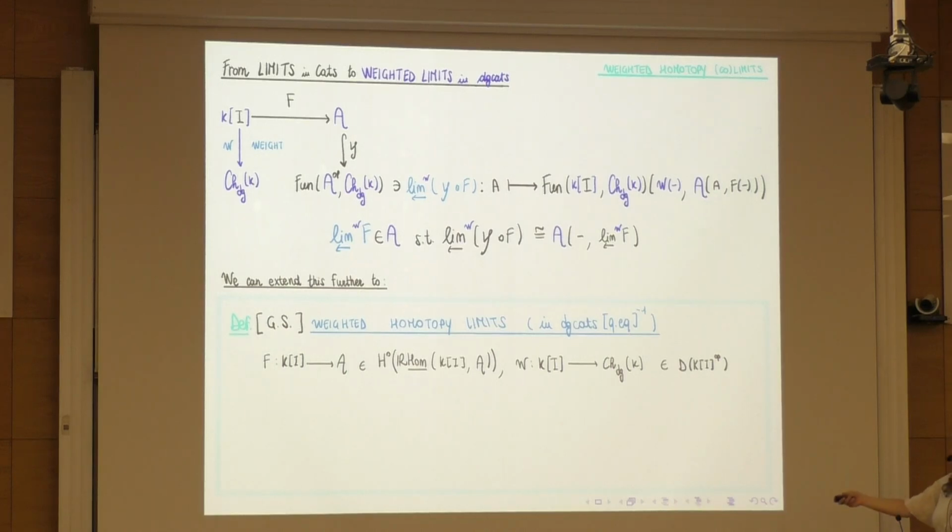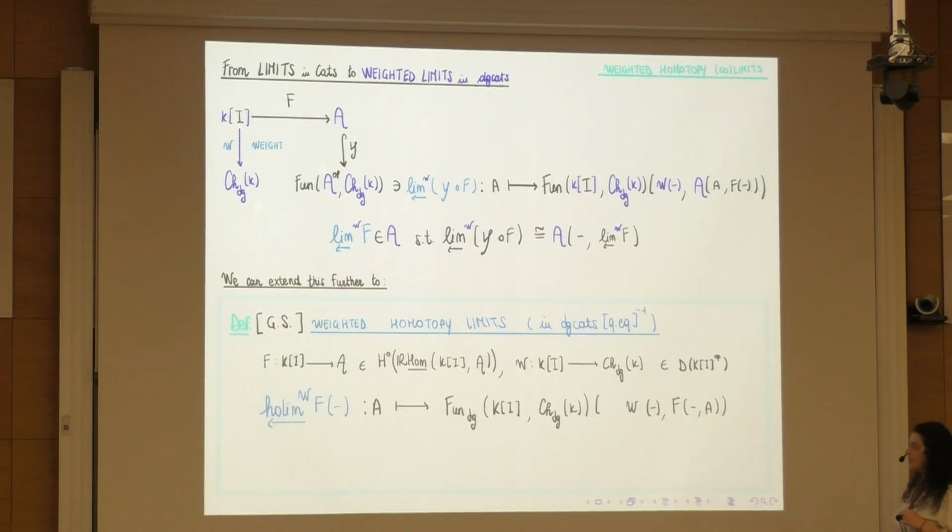So again, if we want to extend what we had before, we can take the weighted homotopy limit. But how do we care about the homotopy theory? As when we define the right derived functor, this is not a surprise, we can take just a resolution of the weight.